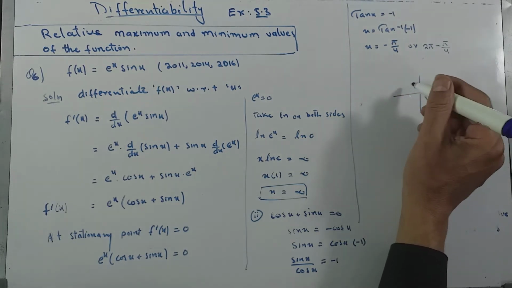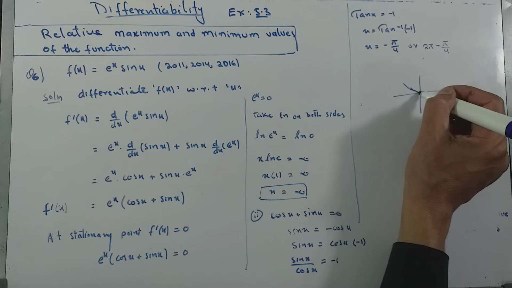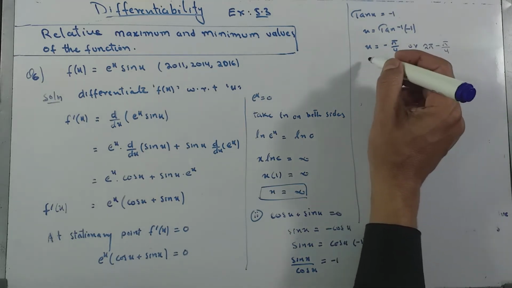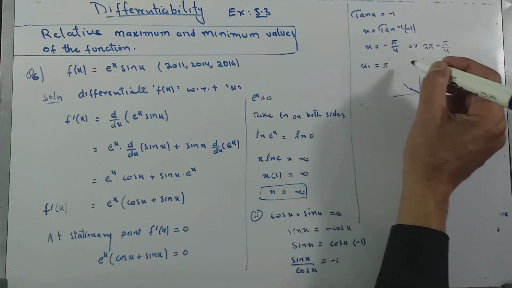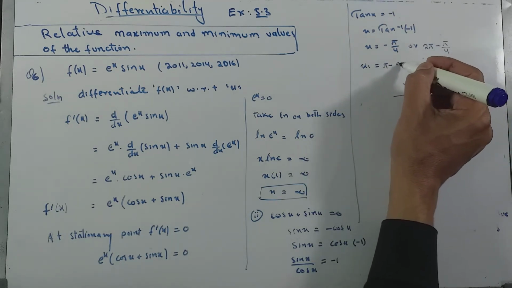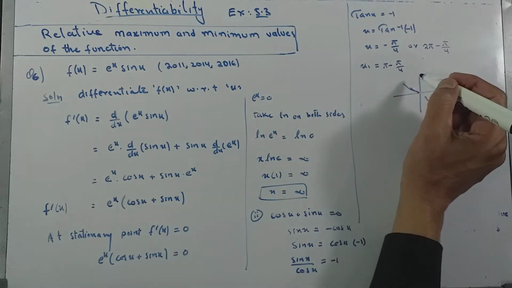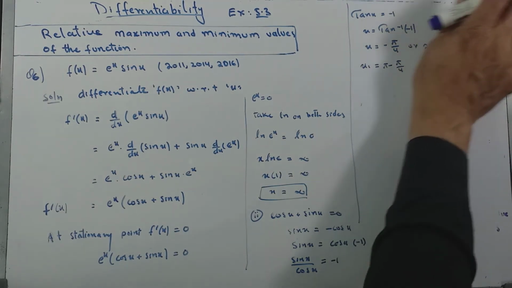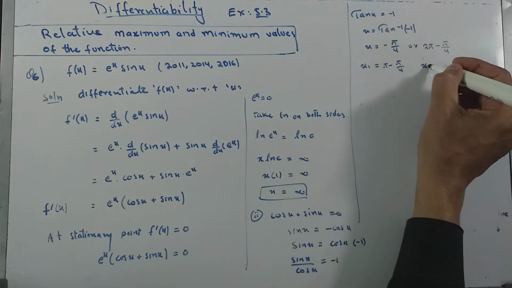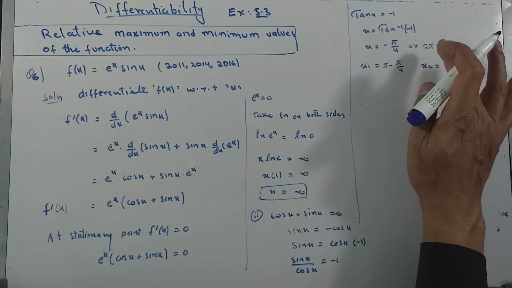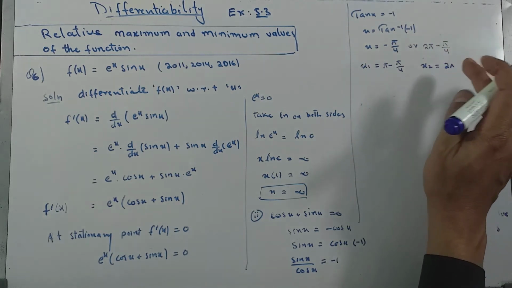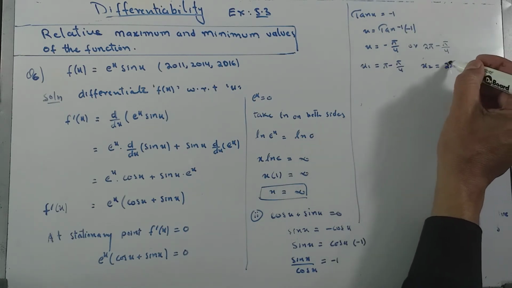In the second quadrant, 45 degrees will become x1 is equal to pi minus pi upon 4. That is one. And x2 will become 2 pi, as already written here, 2 pi minus pi upon 4.